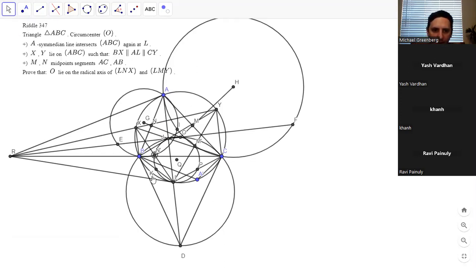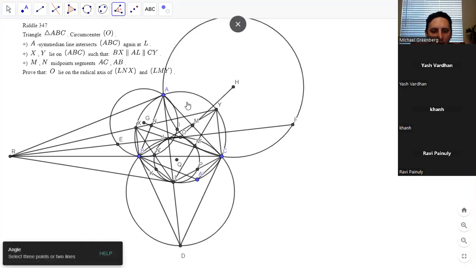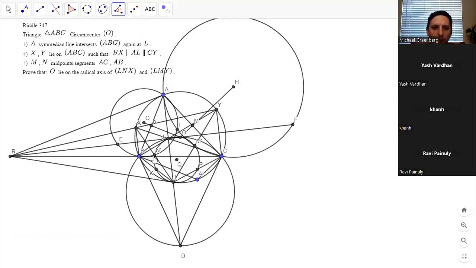So like angle BAN prime. We have been working with the points X, Y, and we need N prime somehow.